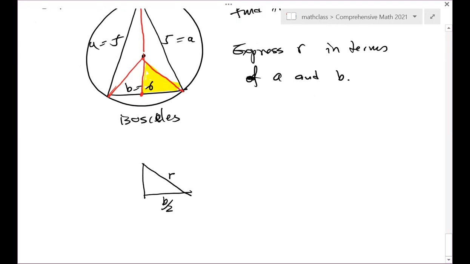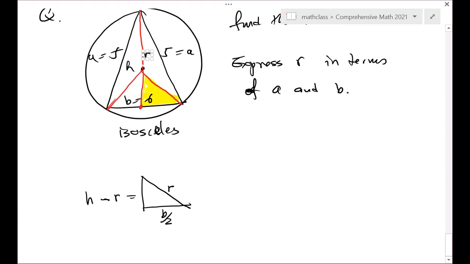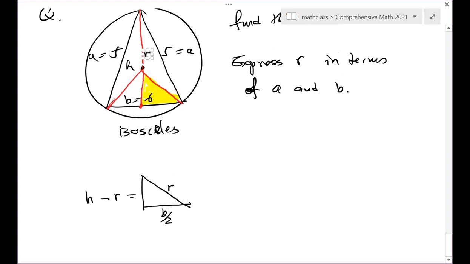The other side is going to be h minus r, where the height is h and this side is r. So h minus r is the height of this right triangle.